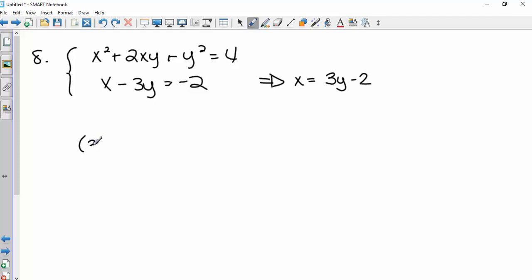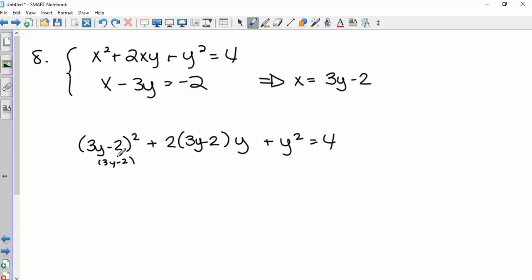Then you can substitute that into the first one. So x, 3y minus 2 squared, plus 2 times x, which is 3y minus 2, times y, plus y squared equals 4. How do you do 3y minus 2 squared?